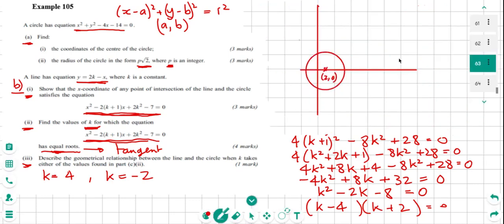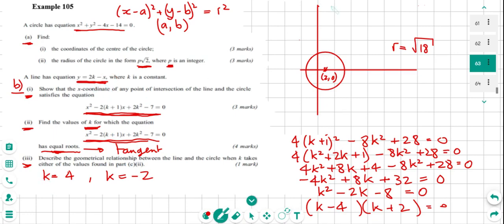We can see the circle as I've drawn it there, and as we calculated before, the centre of the circle was 2, 0, and we also knew that the radius was root 18, which is just a bit more than 4. So it would look like that. And we've got this line y equals 2k minus x.